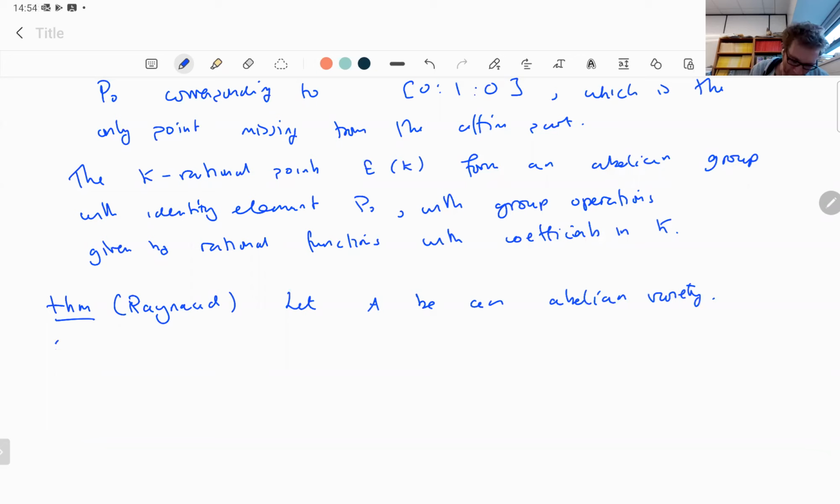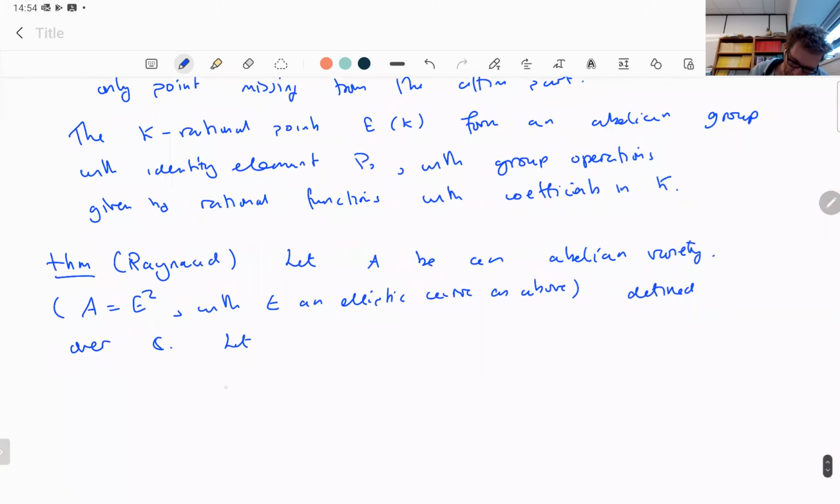If you don't know what that is, take what we will prove, which is A is E squared with E as above, defined over C. And then let A tor be the torsion points, the points that have finite order on this abelian group.